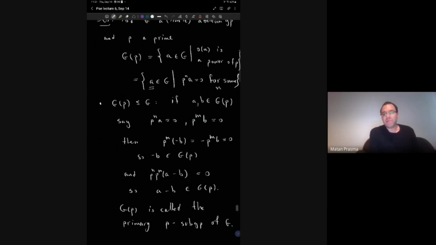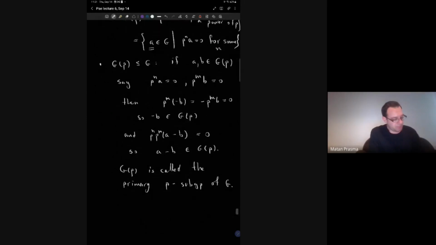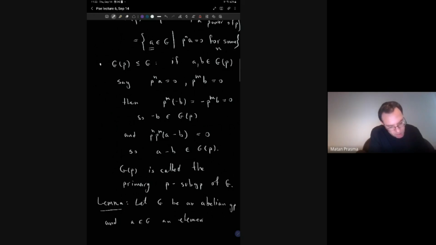Now, we have the following lemma. Let G be an abelian group, and a an element of finite order.